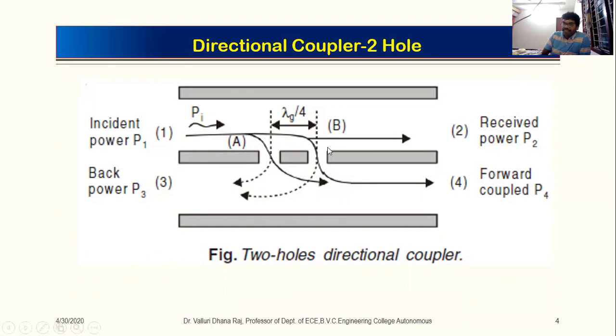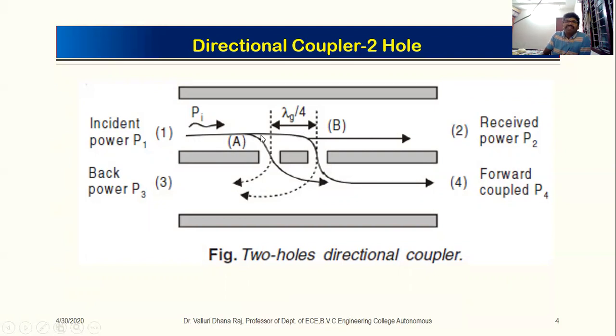And if reflections are there, maybe because of imperfection, the energy coupled into the secondary waveguide through hole A and hole B will come in this particular direction, to the back port, port number 3. Suppose we consider the wave traveling in the forward direction.